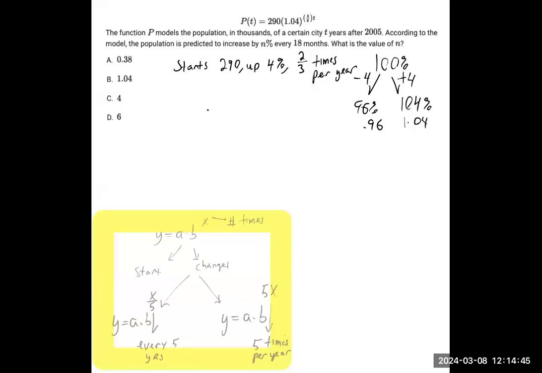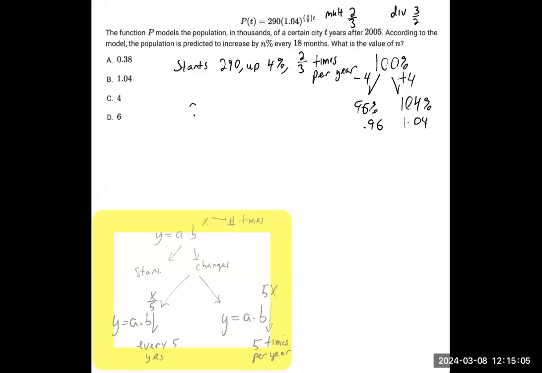Now, there could be a more complicated way to see this because multiplying by 2/3 is the same as dividing by 3/2, because we're talking about the dynamic of keep, change, flip.